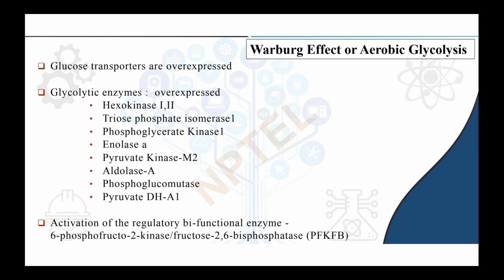All these enzymes are overexpressed, all these enzymes are upregulated. Activation of the regulatory bifunctional enzyme 6 phosphofructo 2 kinase or fructose 2,6 bisphosphatase is also seen during aerobic glycolysis of cancer cells. Okay.